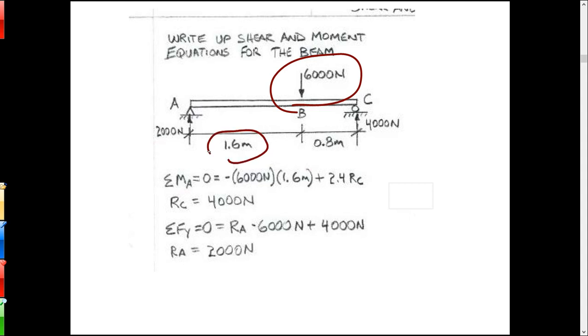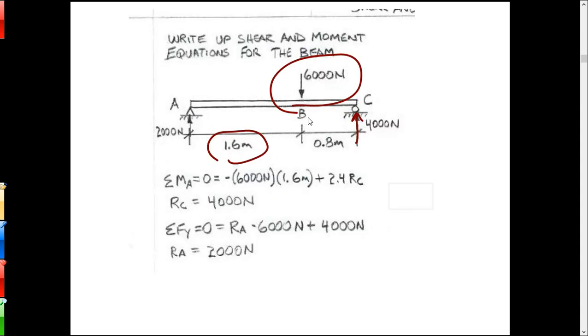So 6,000 and 1.6, and then the reaction at C pushing back up with a moment arm of 2.4. So that'll get you the reaction at C, and that's 4,000, and then sum of Fy will get you the reaction at A, which is 2,000. Okay. So again, always find reactions before you jump into this.